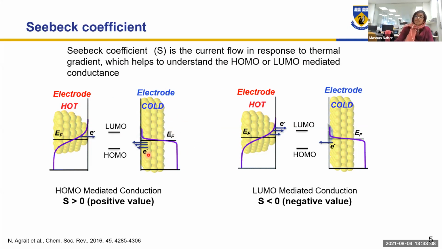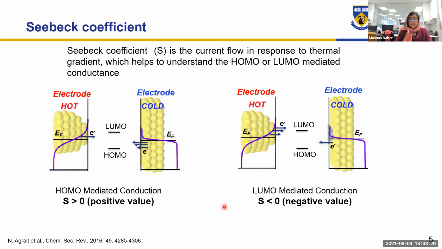Now, in the case of HOMO-mediated conductance, more electrons from the cold electrode start to flow through the HOMO to the hot electrode, because this HOMO orbital is aligned with these electrons, which results in a positive Seebeck coefficient.